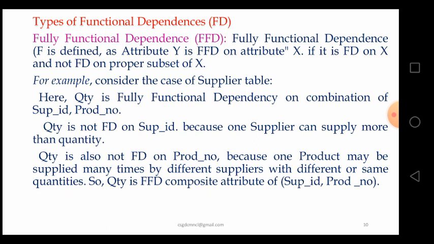So quantity is functionally dependent on the composite attribute of supplier ID and product number.